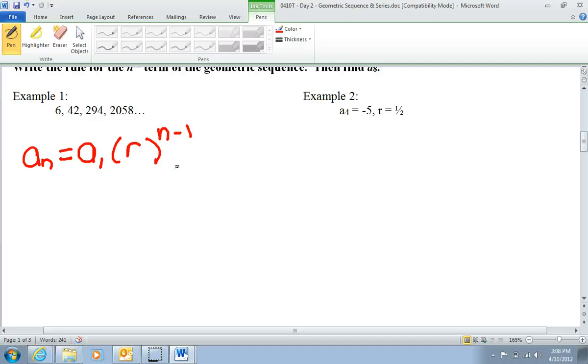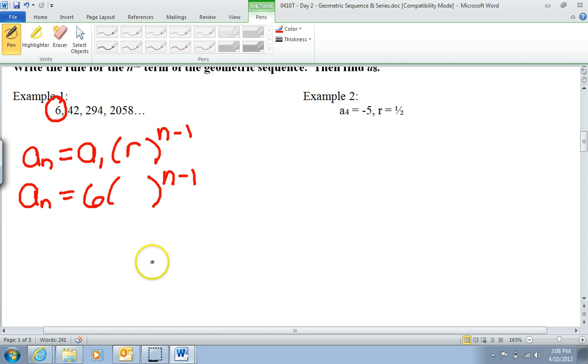So, when we're doing these formulas, this means there are 2 things that we need. We need a1 and we need r. Those are the 2 things we're trying to find. Do I immediately know one of those things right now? Sure. What's a1 right now? We immediately know a1 is 6 because that's the first term. So far that gives me an is equal to 6 times r to the n minus 1 power. Now all I need is r.